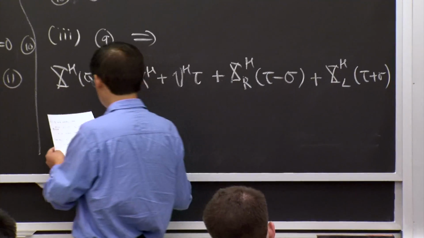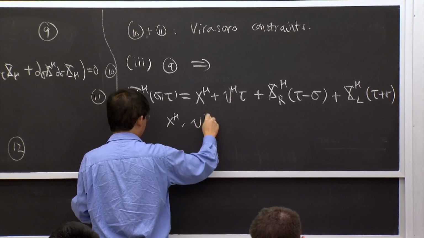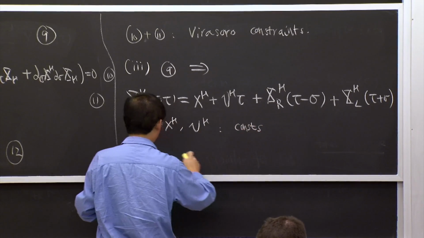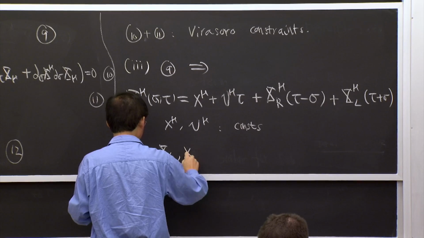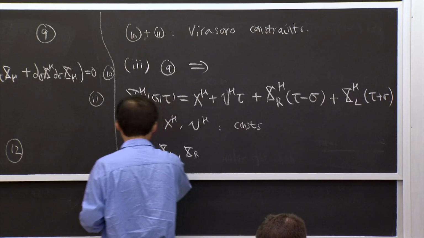So x mu and v mu are arbitrary constants. And the xl and xr are arbitrary for closed strings.